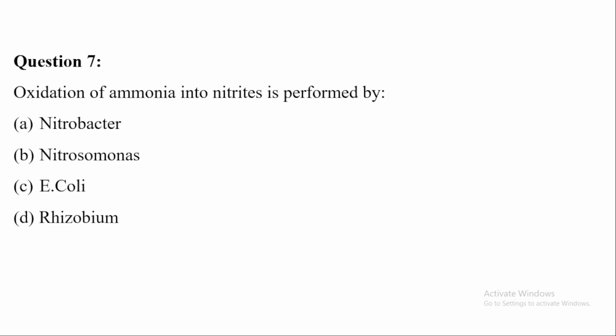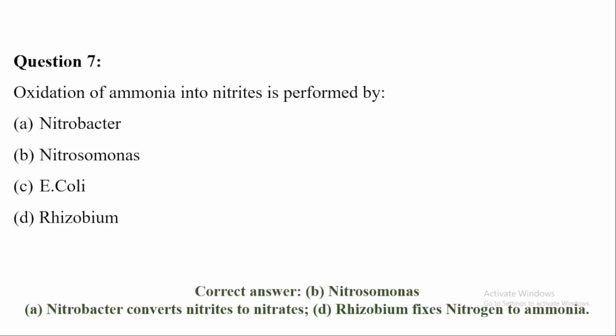All these legumes that we eat, the roots of those plants have these bacteria in association. The bacteria derive nutrition from the plant, and the bacteria in turn fix nitrogen into ammonia, which can be used up by the plant for its function.